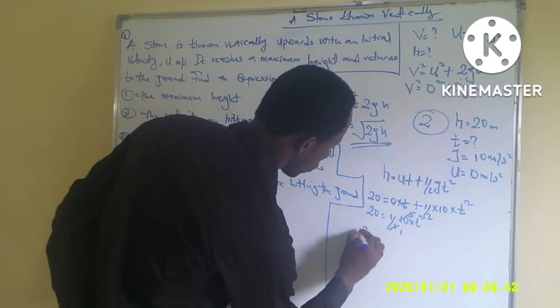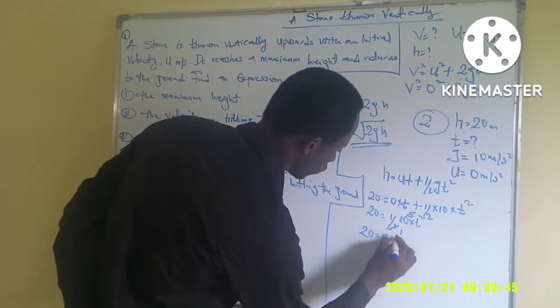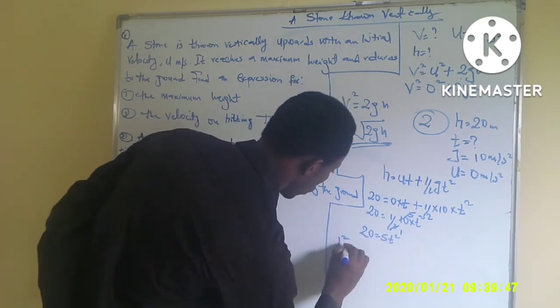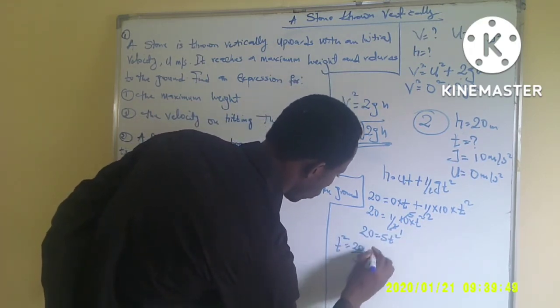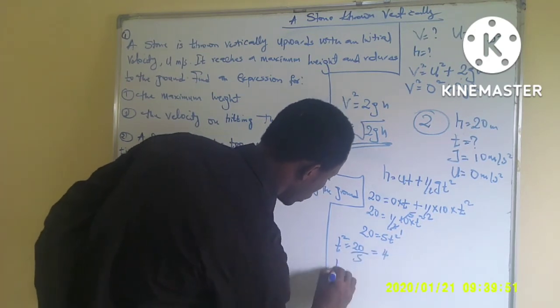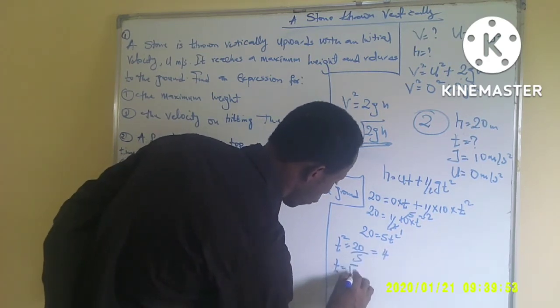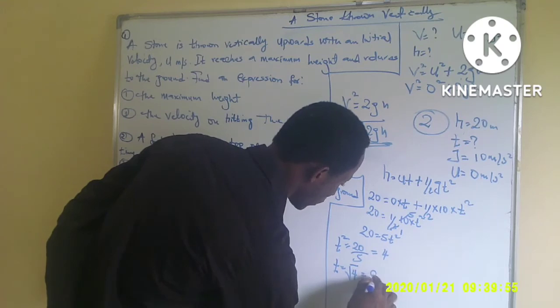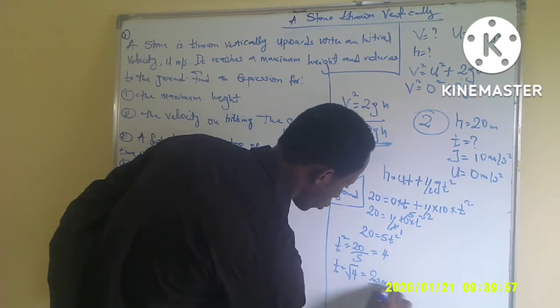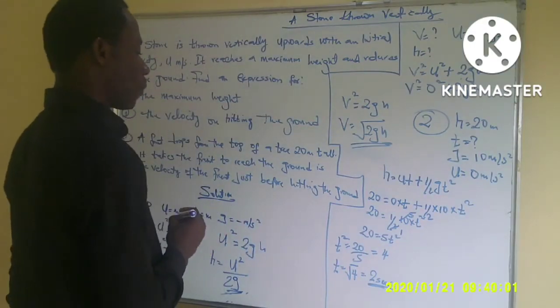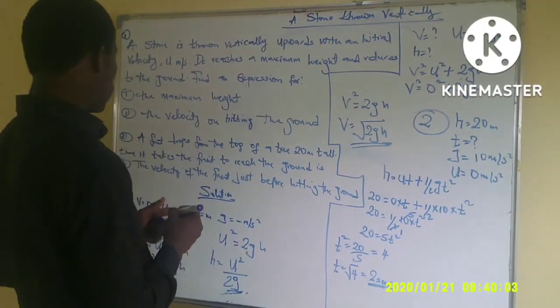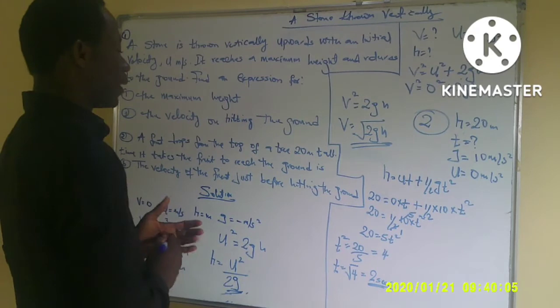So 20 is equal to 5t squared. So t squared is equal to 20/5, which is 4. So t is equal to the square root of 4, which is 2 seconds. So t is equal to 2 seconds.